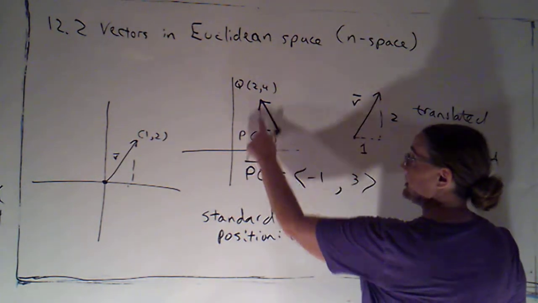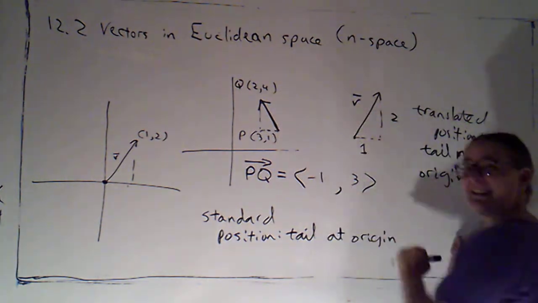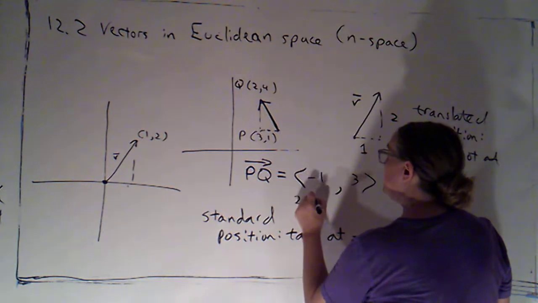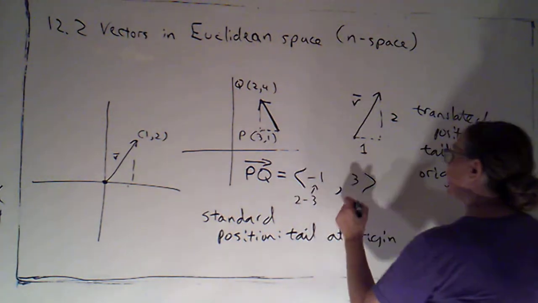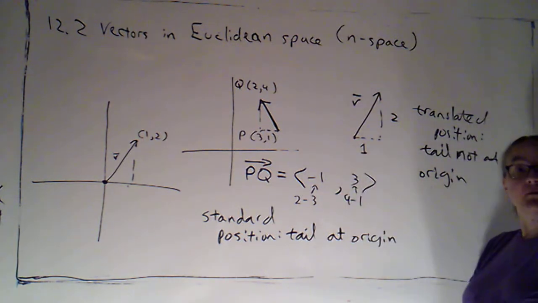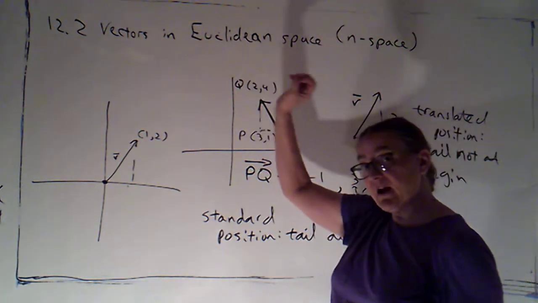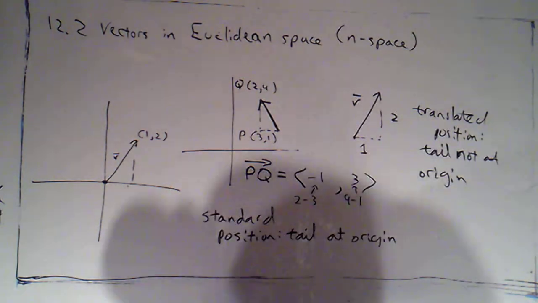I'm not going to say 3 minus 2 and have positive 1, because then I'd be going to the right, and I can see this vector is going to the left. So this would be 2 minus 3, which gives me the negative 1, and then 4 minus 1 gives me the 3. So when I subtract, I'm going to make sure that I'm subtracting the components of my ending point minus the components of my starting point.